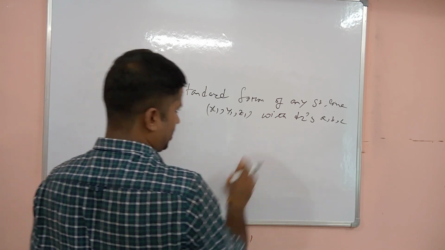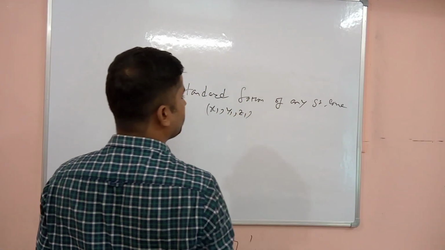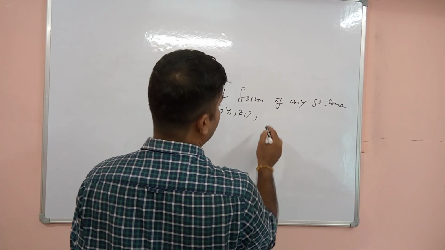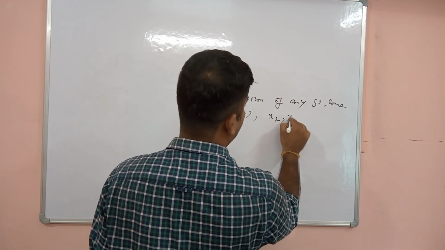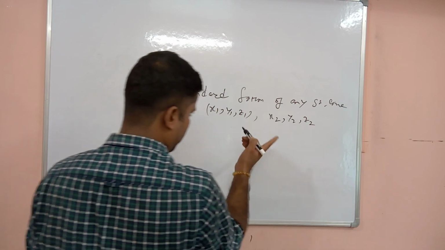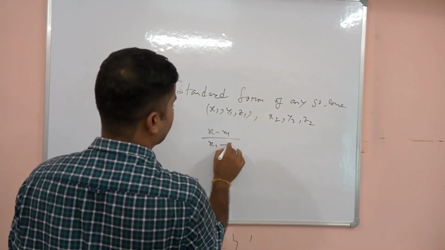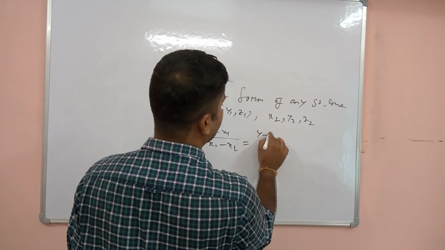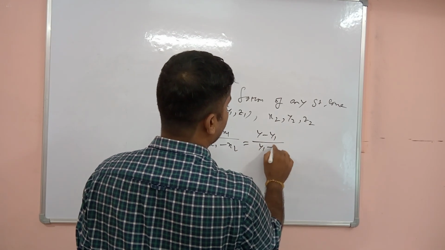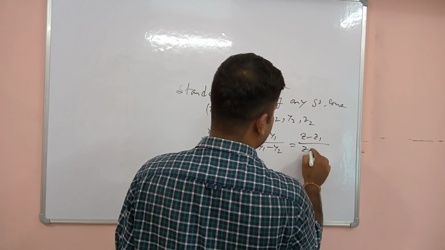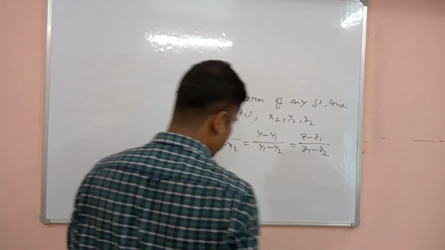If a straight line passes through two particular points, suppose x1 y1 z1 and x2 y2 z2, its equation would be x minus x1 by x1 minus x2 is equal to y minus y1 by y1 minus y2 is equal to z minus z1 by z1 minus z2.